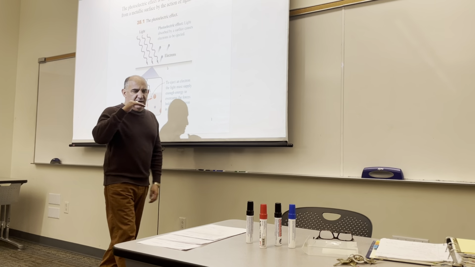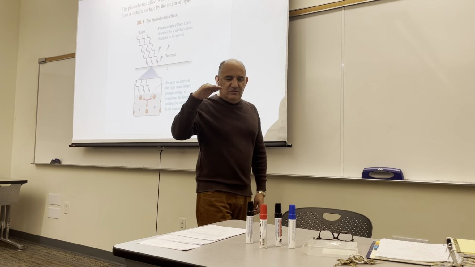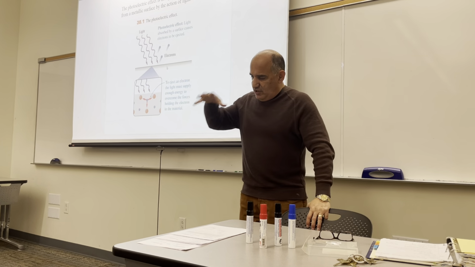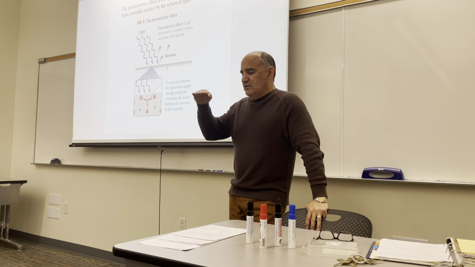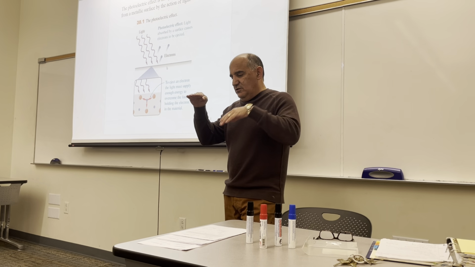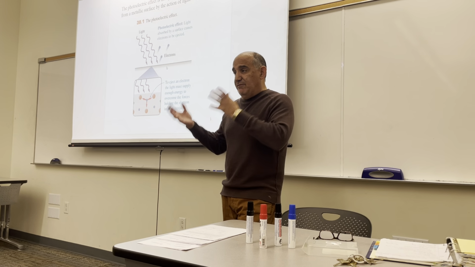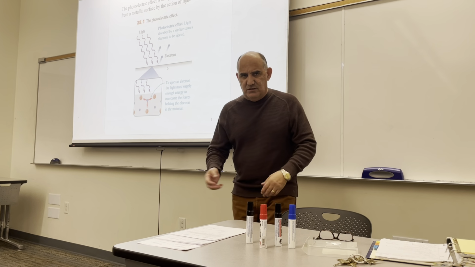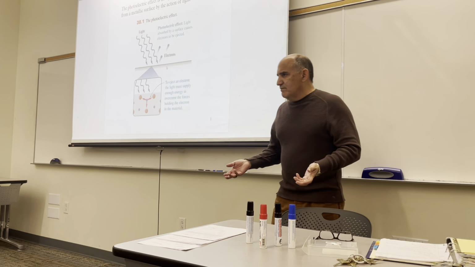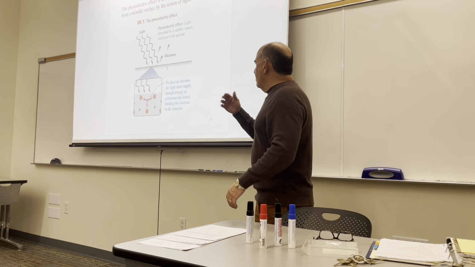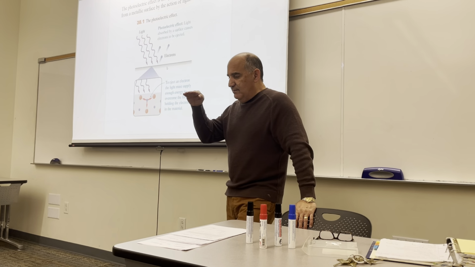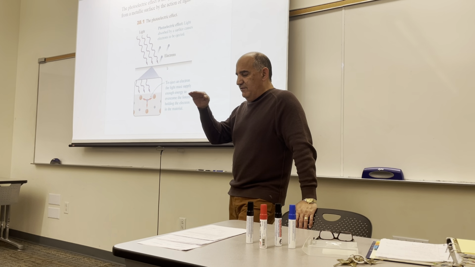So there was a certain value of frequency for the light shining on the metal, and that particular value depended on the type of metal that it was. Was it a gold metal? Was it aluminum? Was it copper? Depending on the type of metal, there's a particular frequency of interest.